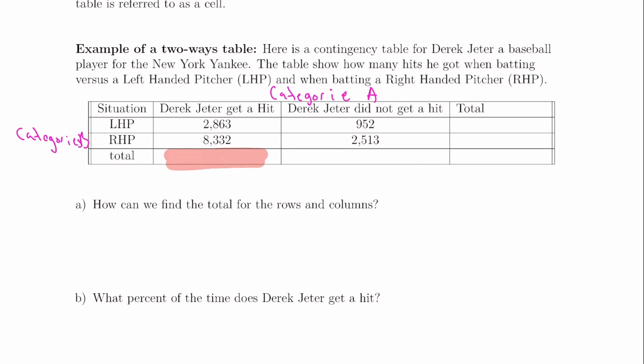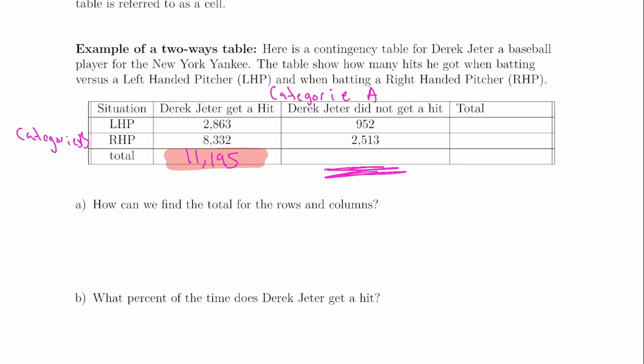So let's add those two numbers up. 2,863 plus 8,332. Perfect. And you get 11,195.